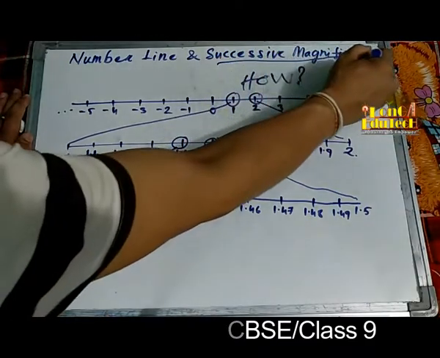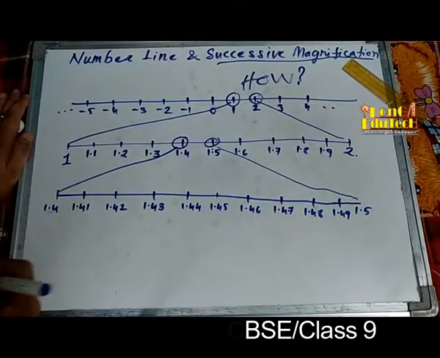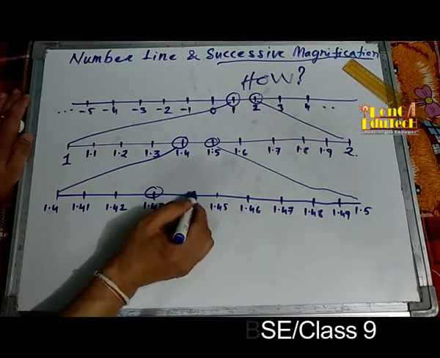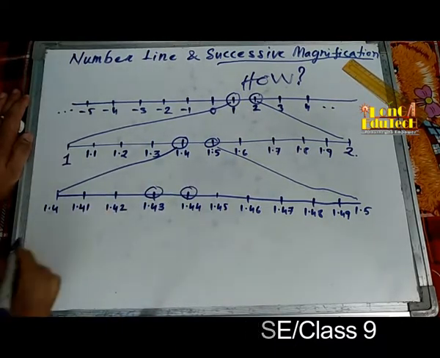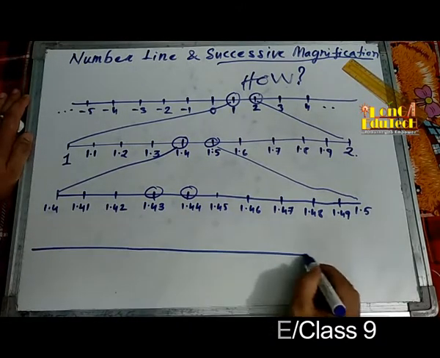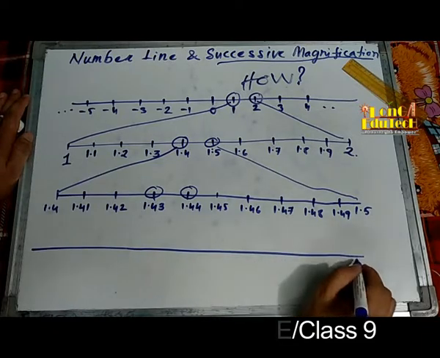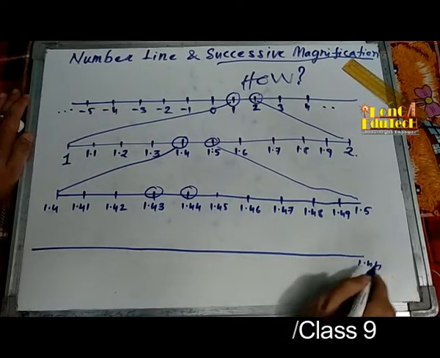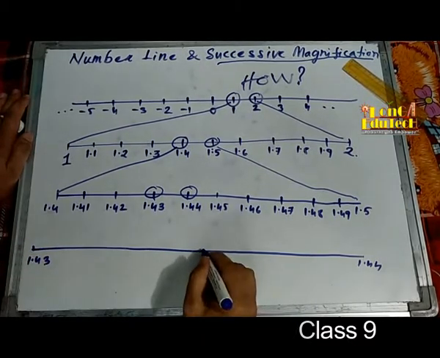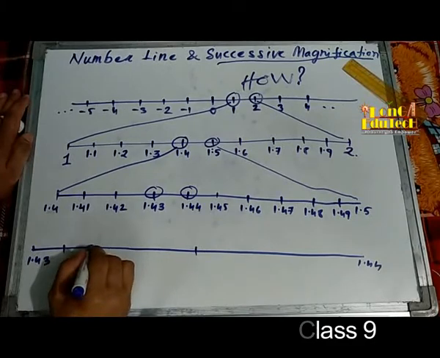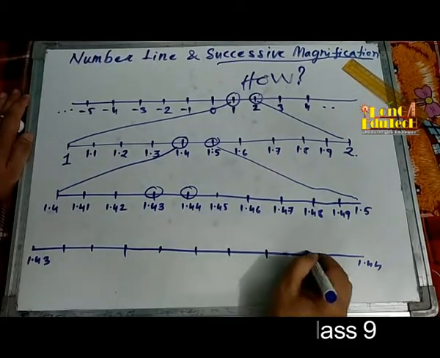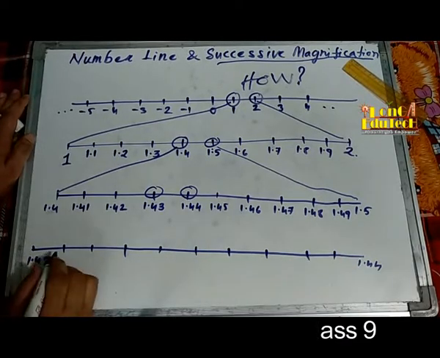Let's take one more, as you wish. Anyone we can take anywhere. Here I take 1.43 and this is 1.44. Again, 1, 2, 3, 4, 5, 6, 7, 8, 9. What numbers can we get?